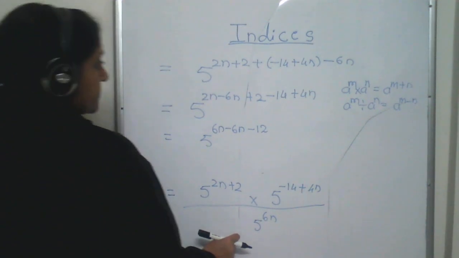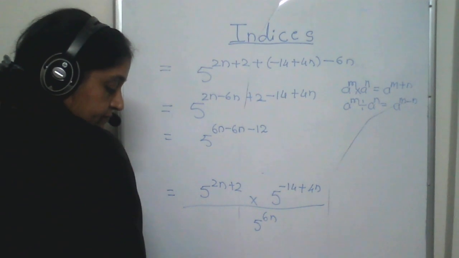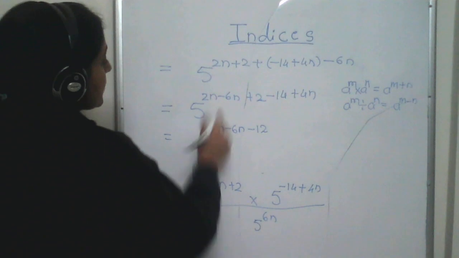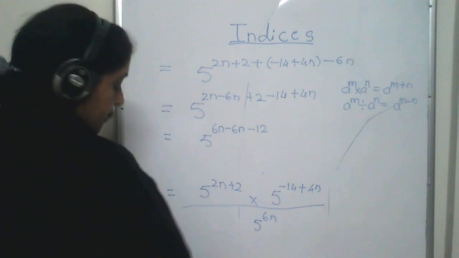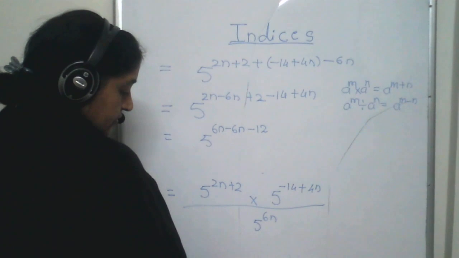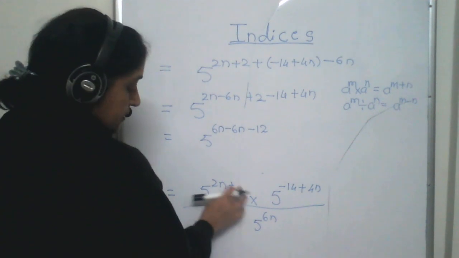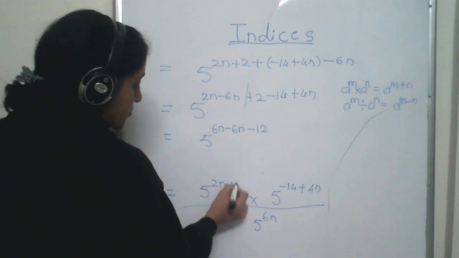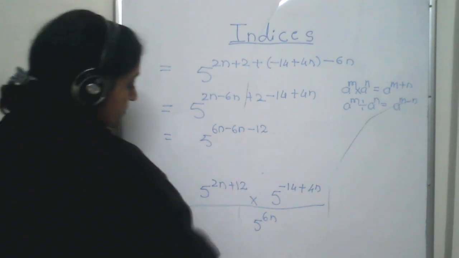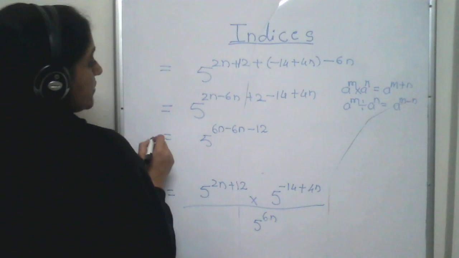Oh, 1 second. Here I think we were supposed to take up some number, oh, it was 12. This is not 2, this is 12. n plus 6 was there, so it will be 2n plus 12. My bad, it will be 12 here.